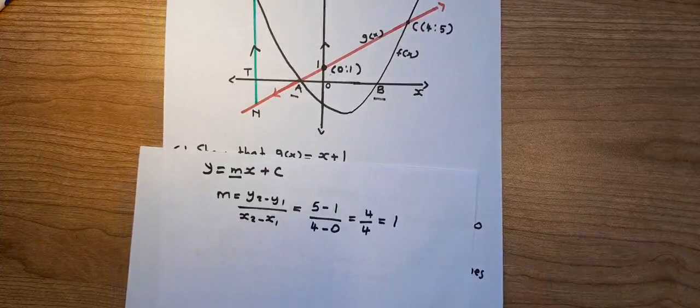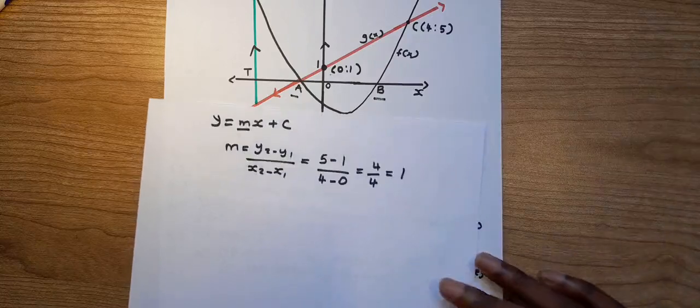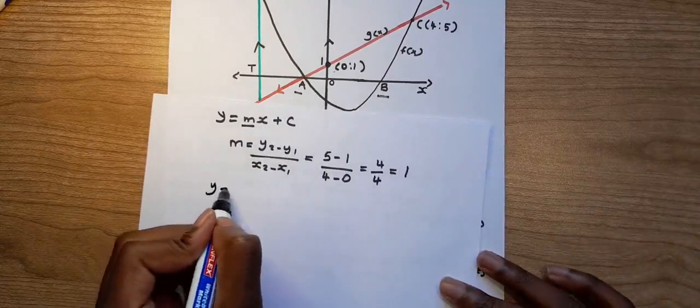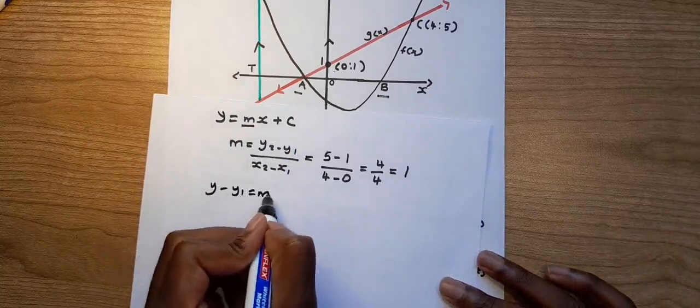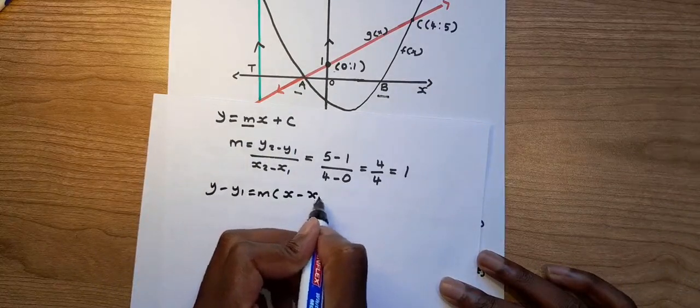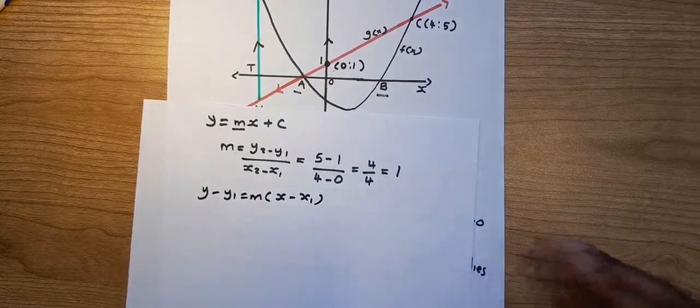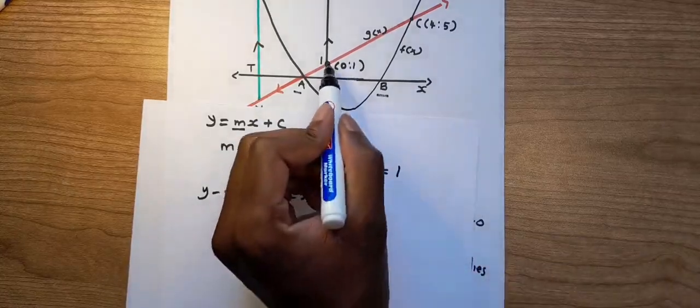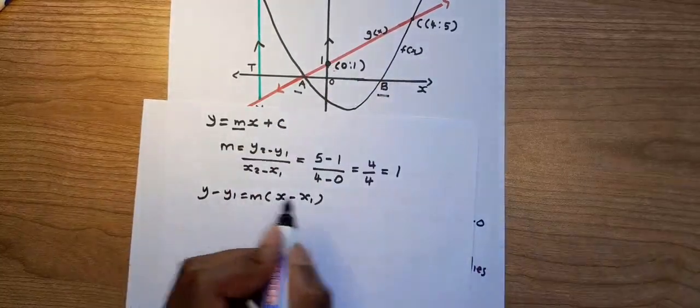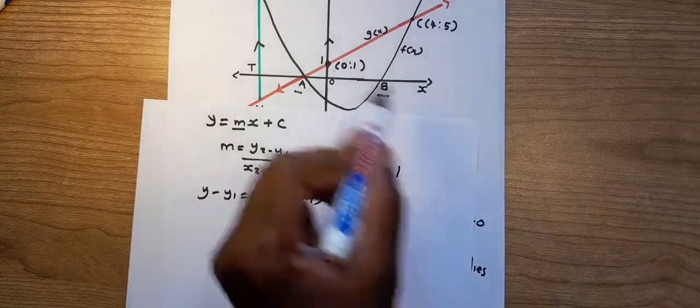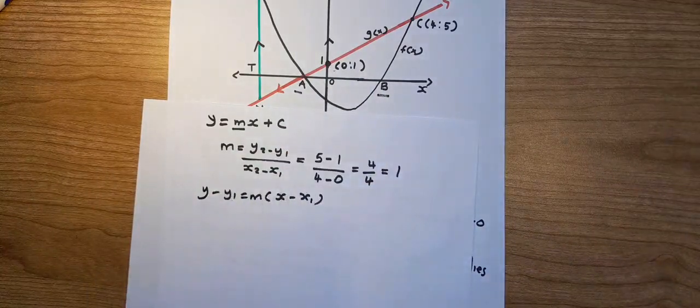Now let me give you another formula you can use. You can use this formula, y minus y1 equals m times x minus x1. Let's use any point between this point and this point to exploit the information with this equation.